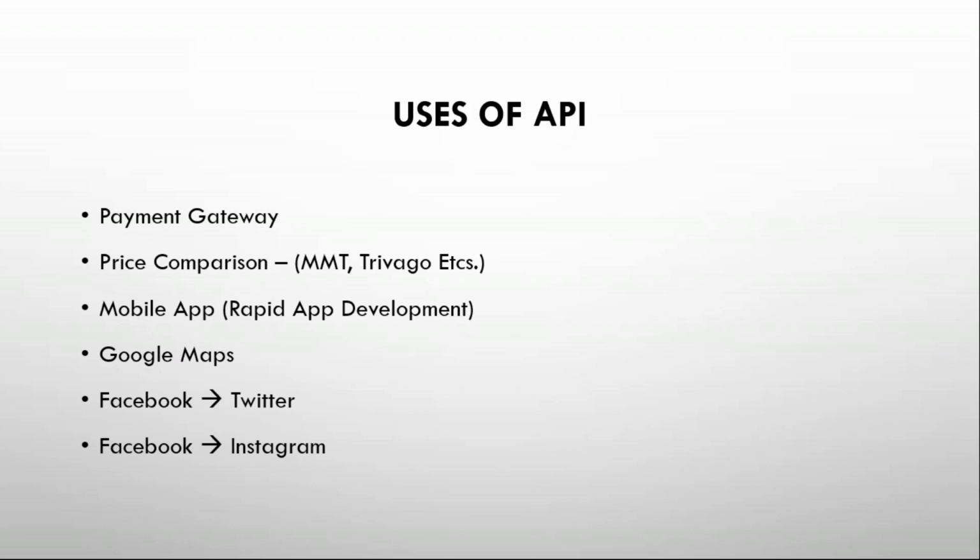You just allow Twitter and Facebook to sync with each other, and the rest of the things are done by the API. You can post on Facebook, and the images and videos also go to your Instagram account. This also happens due to simple APIs.